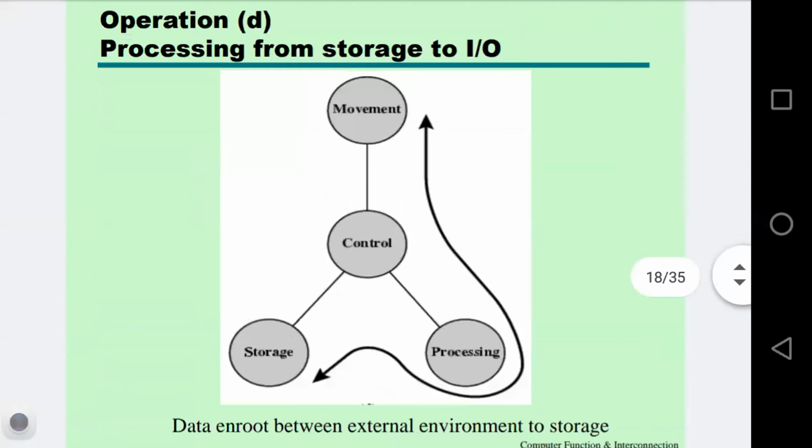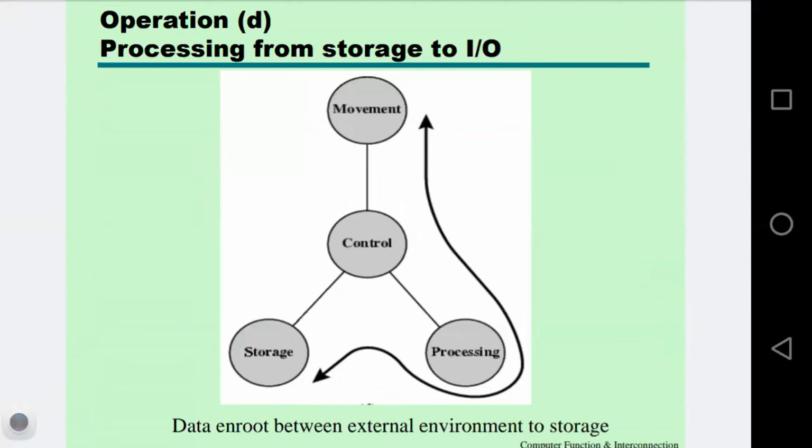The next operation is processing from storage to input output. Here, data in route between the external environment and storage. Many times you use a website and from the website you download data. The data is downloaded in a zip format and again it is extracted.